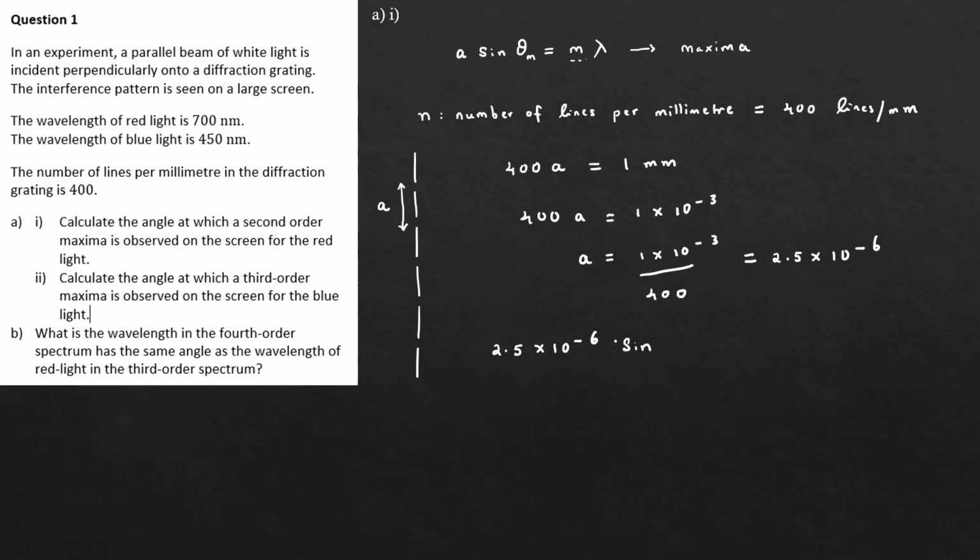Sine of theta, here we need the second order. So sin theta 2, for red, is equal to 2 lambda red.